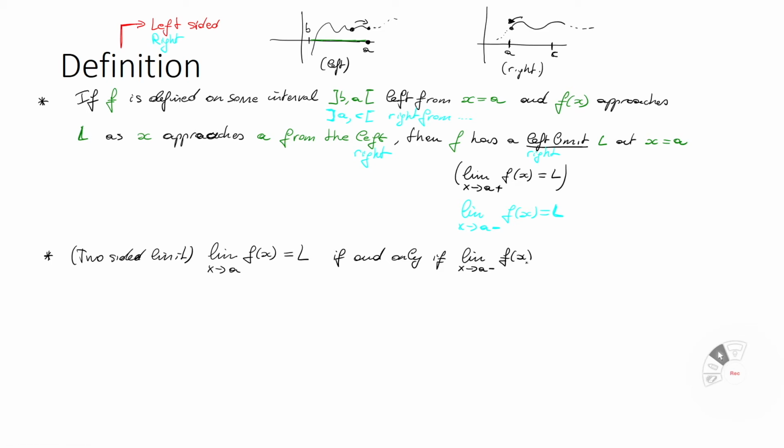So if you walk to a from the left, you get L, and if you walk to a from the right, you also get L.